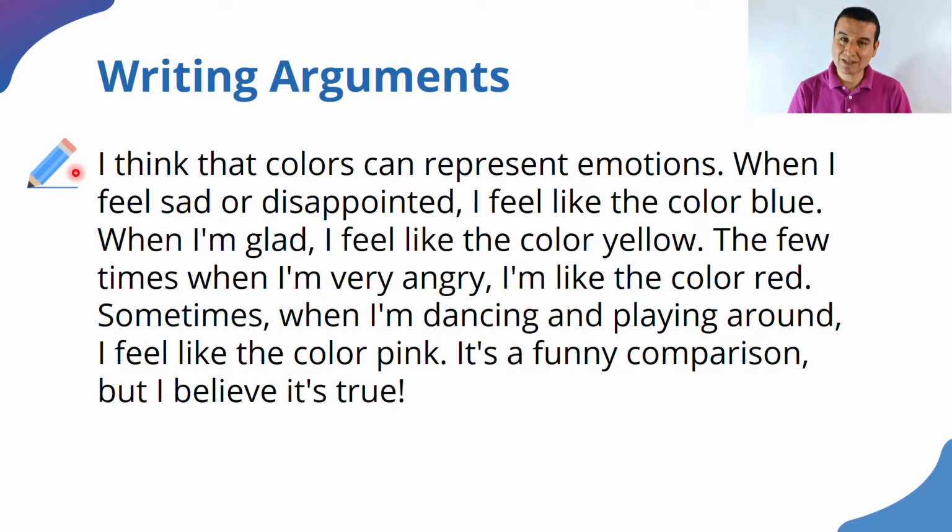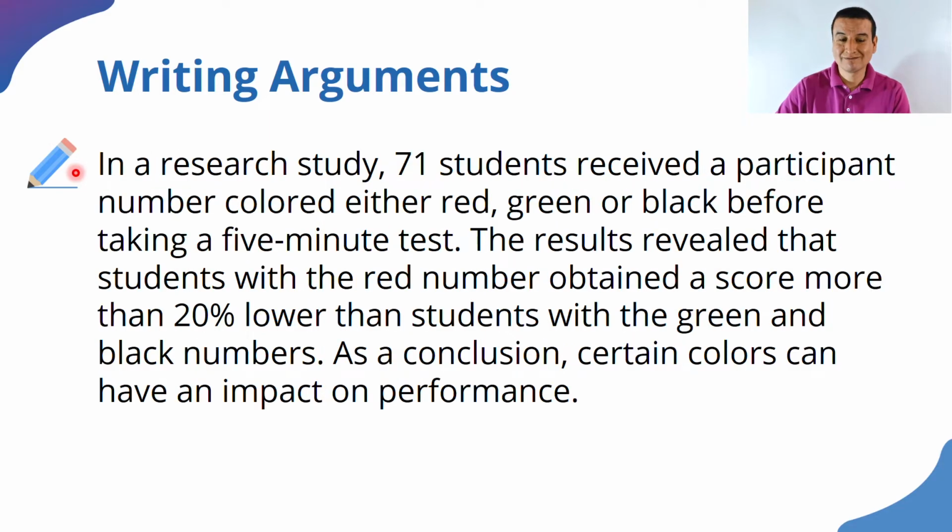All right? So that is why it is an example of a weak argument. Let's look at another one that is stronger. All right? Of course, it may be different from what you have, but this is just a sample answer.